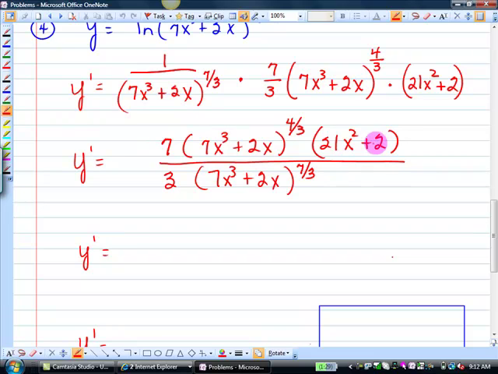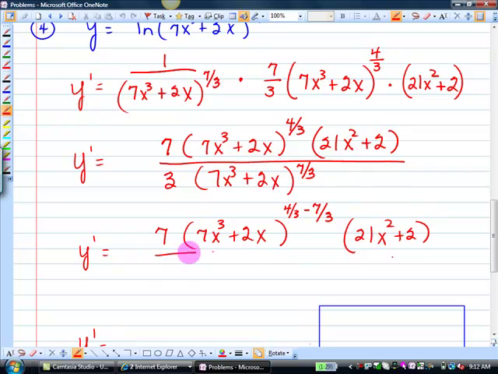Since this is all being multiplied and this is all being multiplied, we can do some canceling if possible. If it were being added or subtracted, we couldn't do that. These are the same base, just different exponents. So if you're dividing, same base, what do you do with the exponents? Subtract them. So I could say this is 7 times this raised to the 4/3 minus 7/3 times 21x squared plus 2 all over 3.